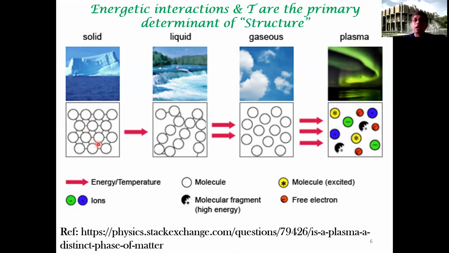If my temperature, which is a measure of energy, is low compared to that energy scale, then I have a solid. Supposing my temperature is much higher compared to the energy of interaction of that particular atom with the surrounding coordination atmosphere, then I have a gas. But if my temperature is comparable to that interaction, I have a liquid. That's the way I have to think.